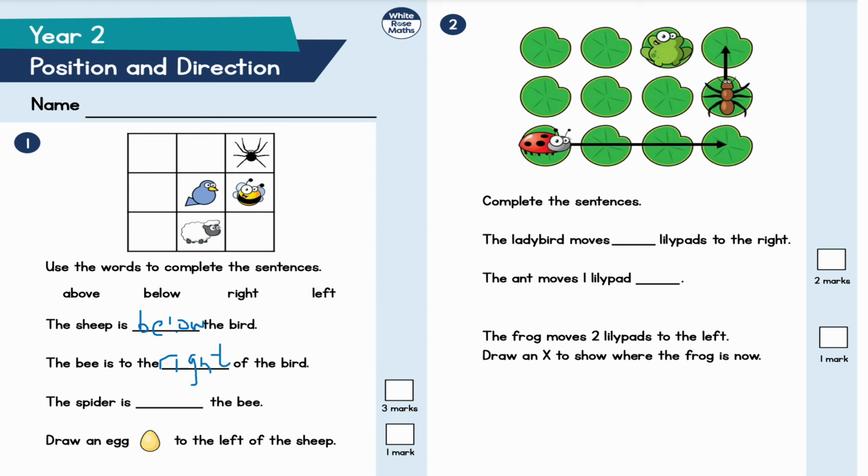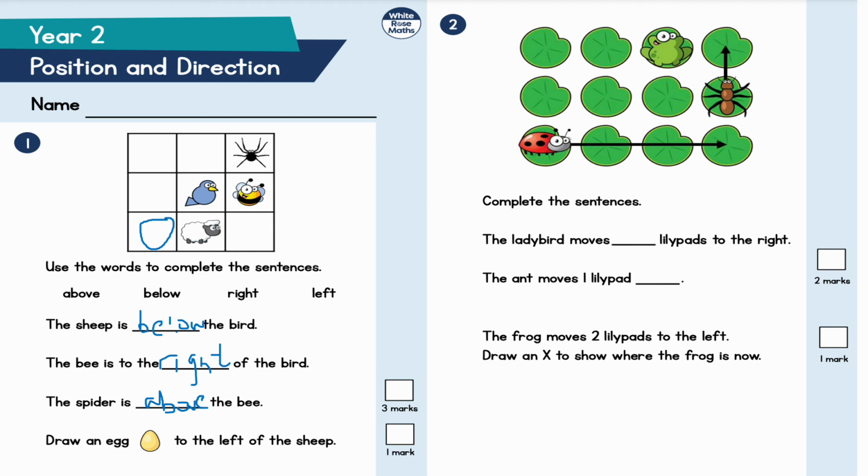The spider is above the bee. Draw an egg to the left of the sheep. Well, it's going to be here, isn't it? That's my egg.